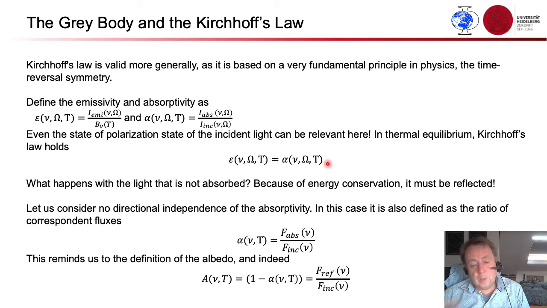So we have to find a way how to formulate now the amount of radiation which is reflected. And now I go one step back. Instead of using the complex notation of the emissivity and absorptivity, I just assume that we have an emissivity and absorptivity which is independent of direction, as we discussed before.